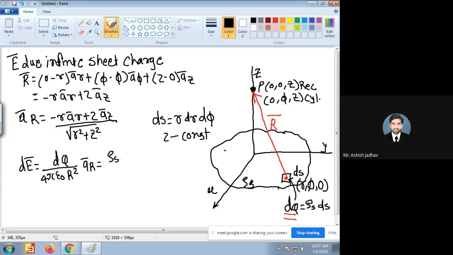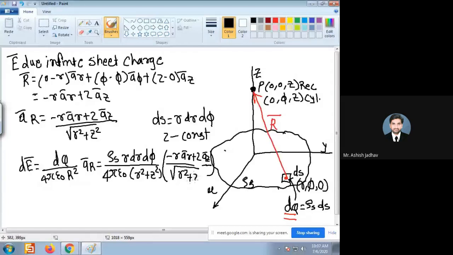So instead of ds, I can write here r dr d phi, this is the value of dq, divided by 4 pi epsilon naught into r square plus z square, into bracket, this is the unit vector now, minus r a bar r plus z a bar z divided by under root r square plus z square.